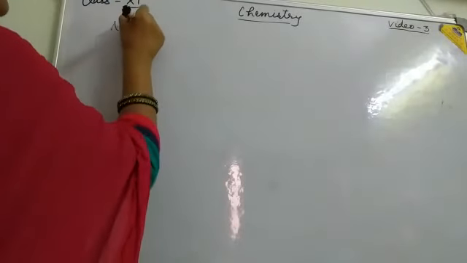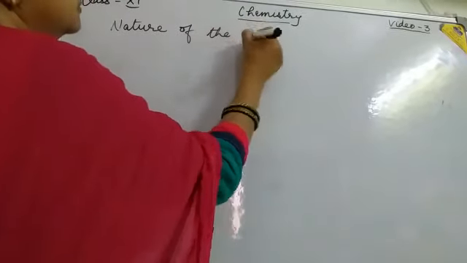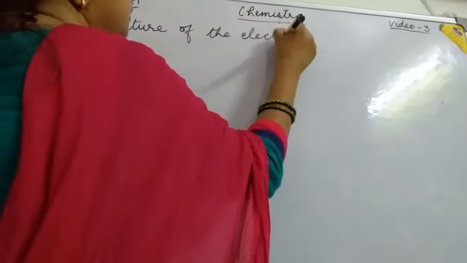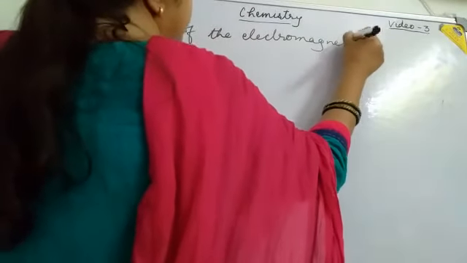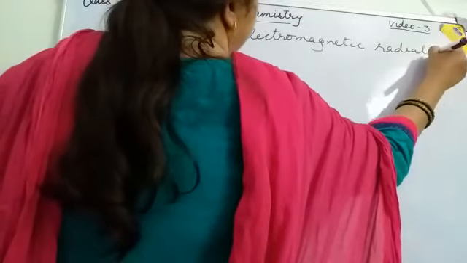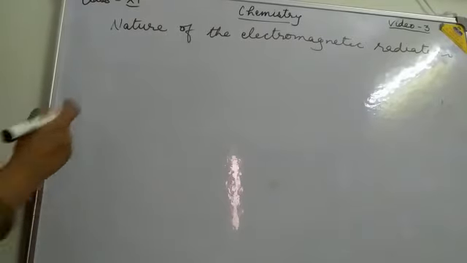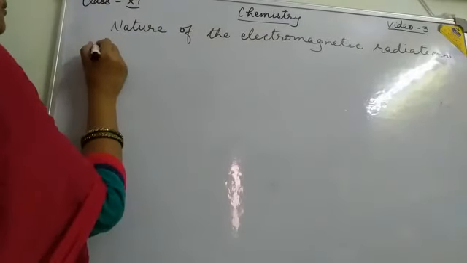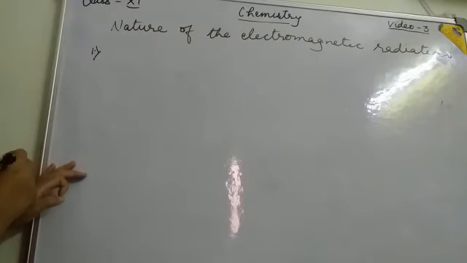Nature of the electromagnetic radiation. We all know that electromagnetic radiation deviates in electrical and magnetic fields. But how do they behave in electrical and magnetic fields, and when both fields are applied, what is the nature of the wave?